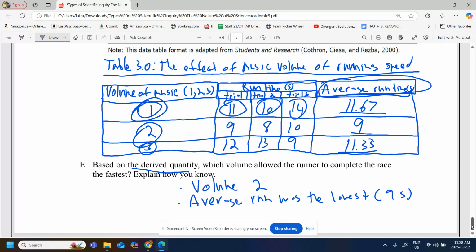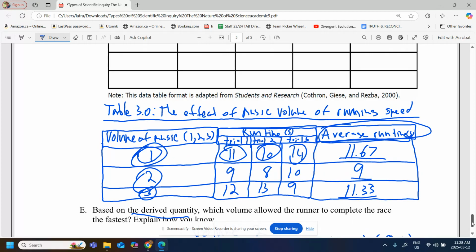And so if you take a look at volume 2, if you only compared one of the trials, let's say trial 3, you might think that volume 3 was the best in this situation. That's because you compare it to trial 3, where volume 2 had 10 and volume 1 had 14. You would think that volume 3 is the best because it had the lowest number.